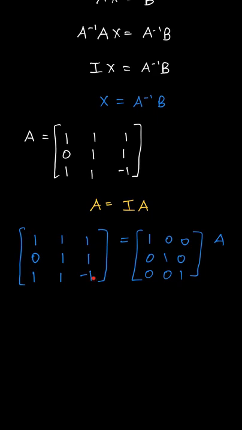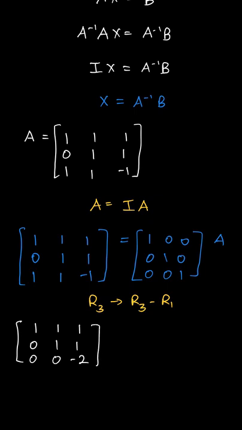So here we have to make this 0. For that we will change row 3, where we will have R3 minus R1. So here we will have 1, 1, 1, 0, 1, 1. Now 1 minus 1 is 0, 1 minus 1 is 0, and minus 1 minus 1 is minus 2.